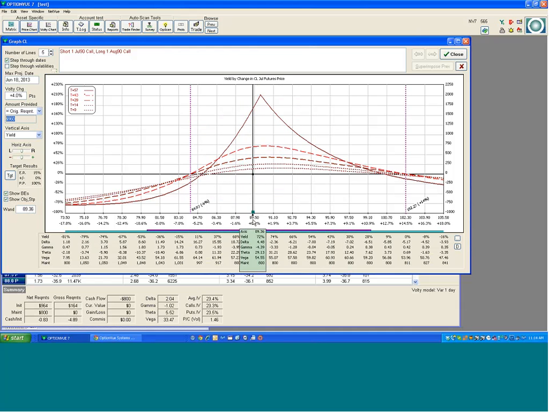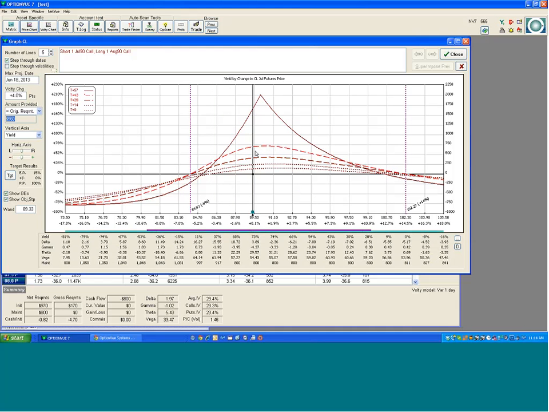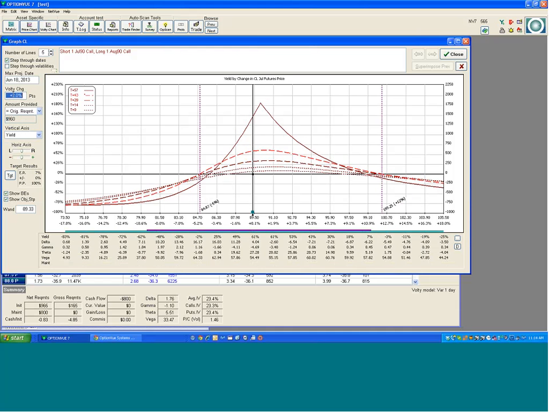So we're looking at those two variables, and we're also looking at how much this trade will earn if there is a change in implied volatility. That's the Vega factor, and we can build that assumption on a volatility change into the volatility change here on the left side of the screen, so we can really see where the profits build and how much they build.